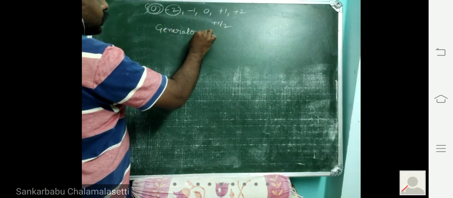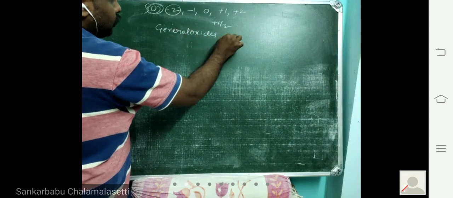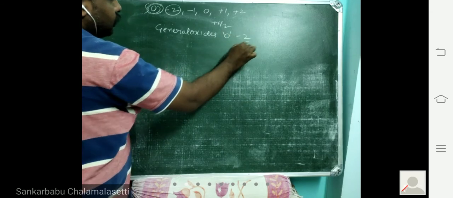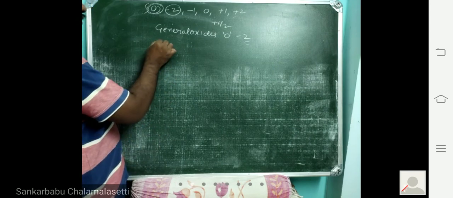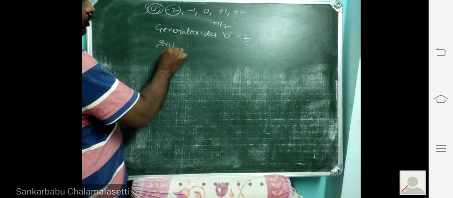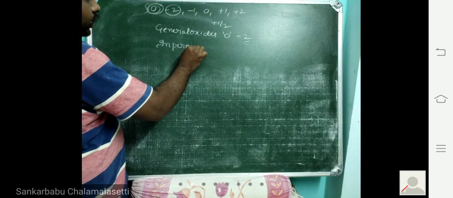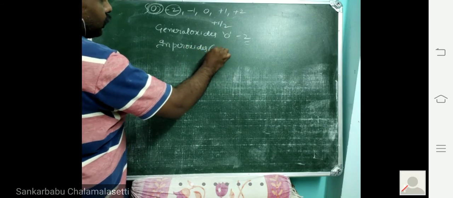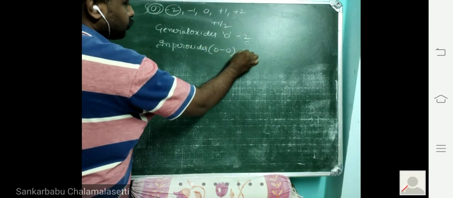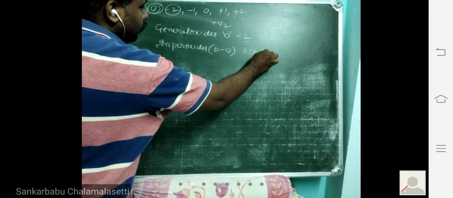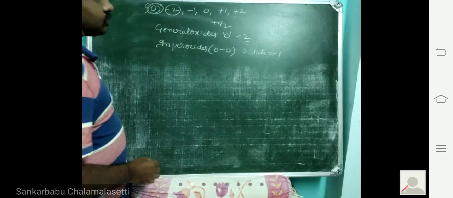In general oxides, the oxidation state of oxygen is -2. In peroxides, containing the O-O single bond, the oxidation state of oxygen is -1.